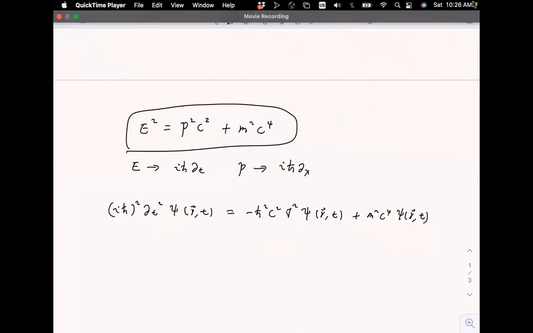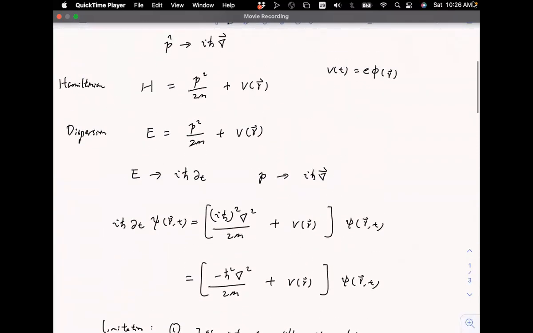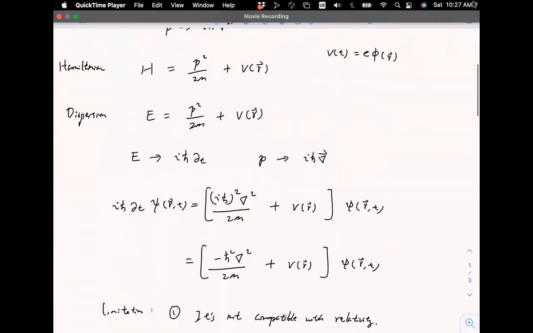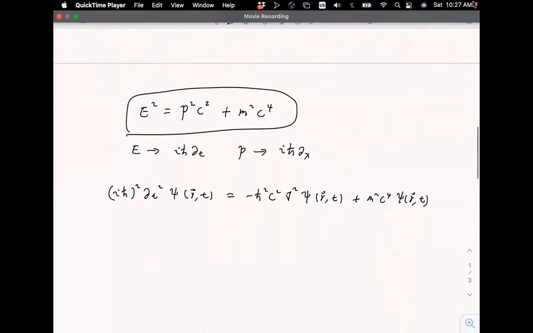he discarded this equation. At that time special relativity was already well known among the physicists. I mean, Einstein's paper was in 1905, and this is 20 years later. So they knew special relativity, and this dispersion was also known.